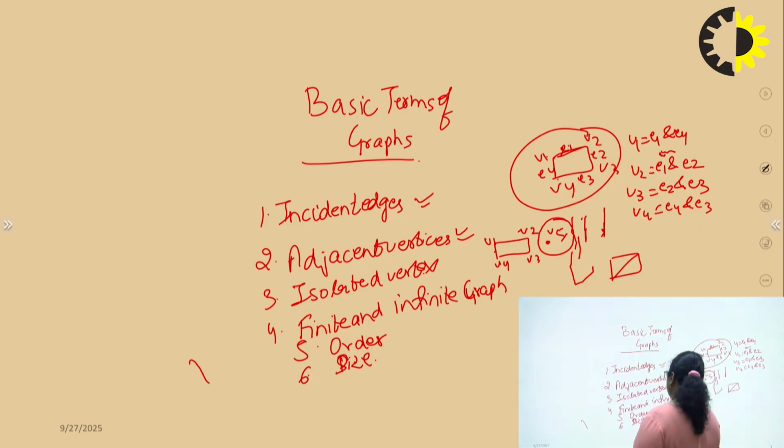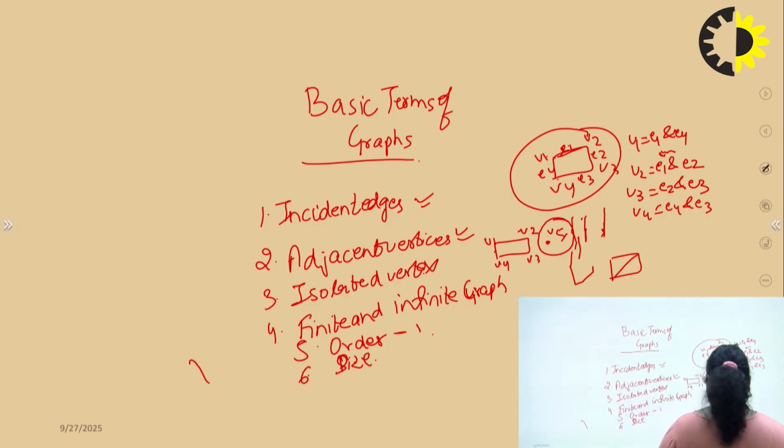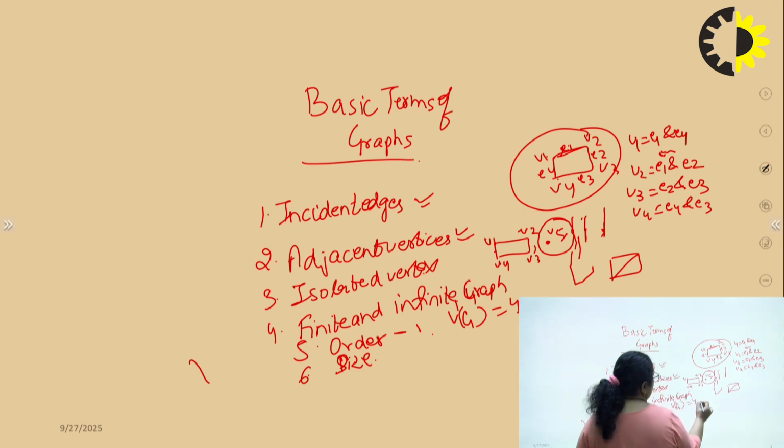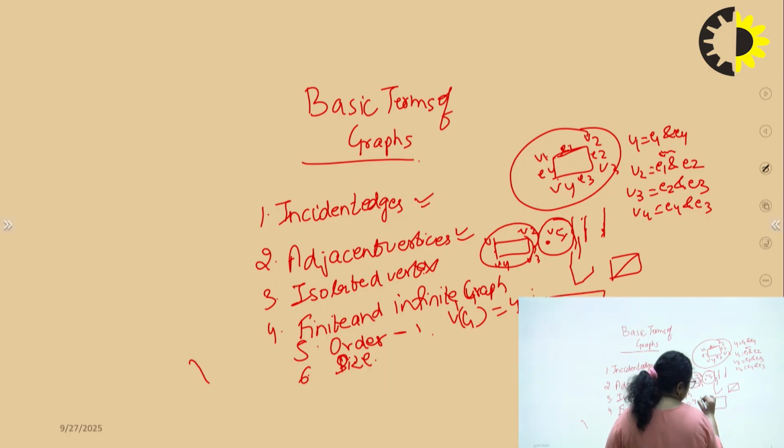Next, order or size: the number of vertices in a graph is denoted as order.